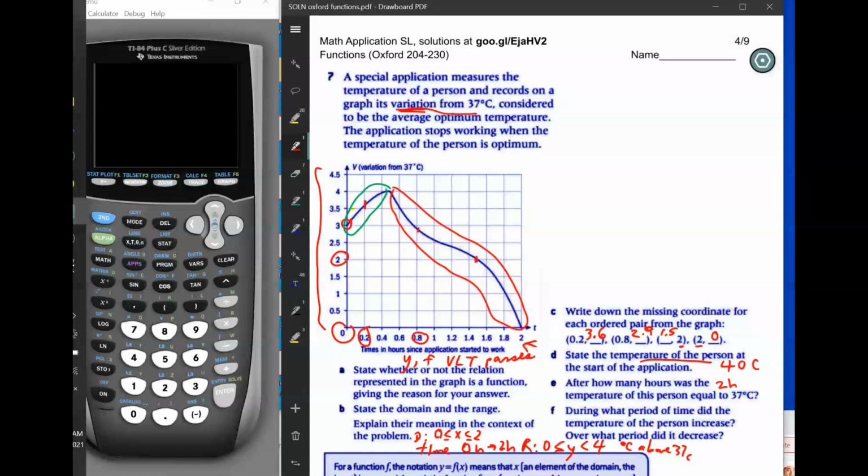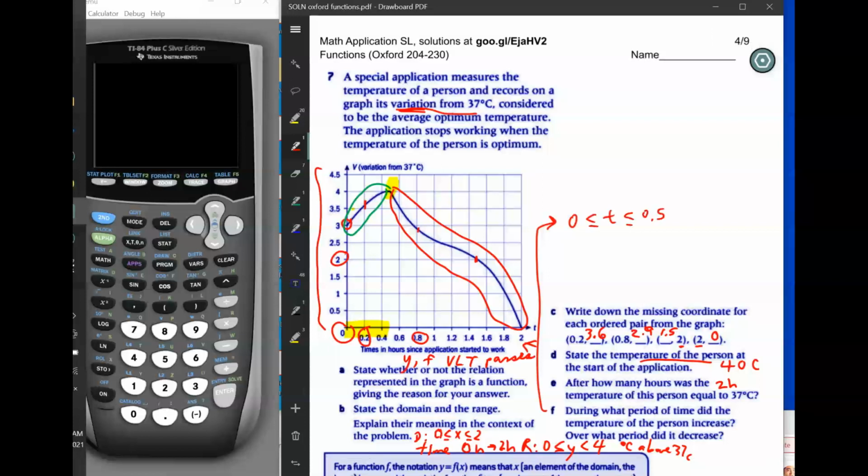So the period of time where the temperature of the person increased is the part under the green section, which looks like it goes from 0 to about 0.5. So I'm going to put that the period of time where the curve was increasing was between 0 and 0.5, and I will include 0 and 0.5 in that.